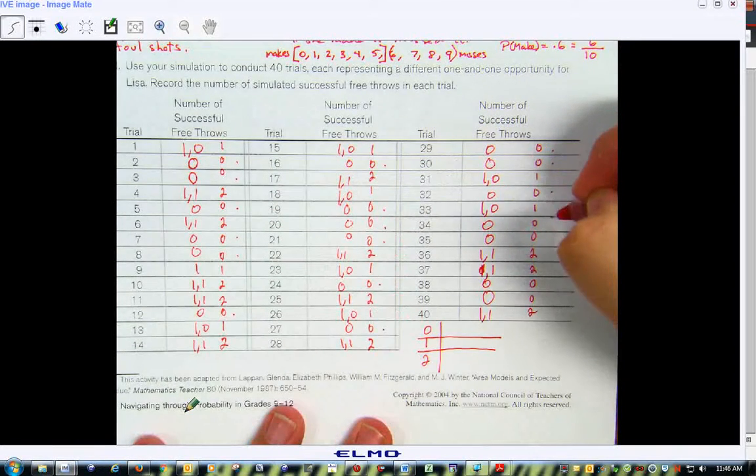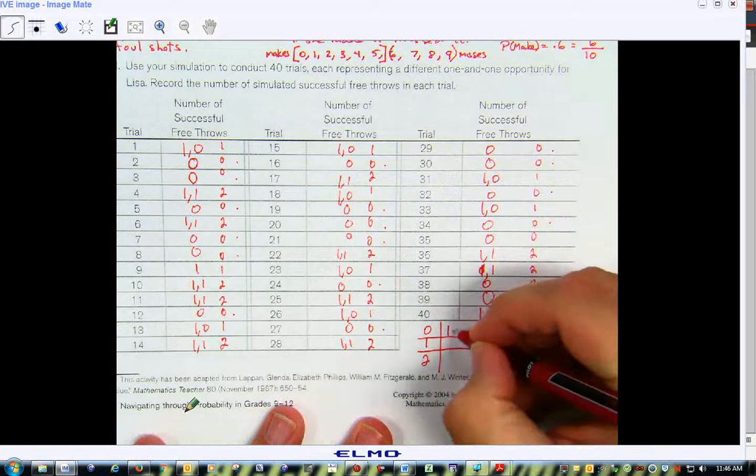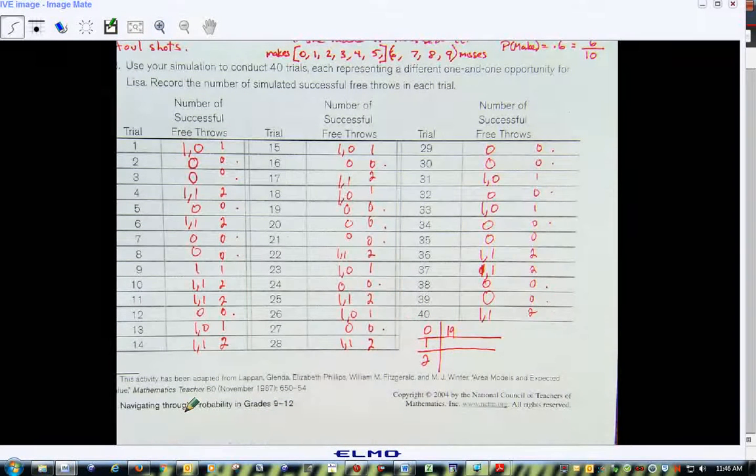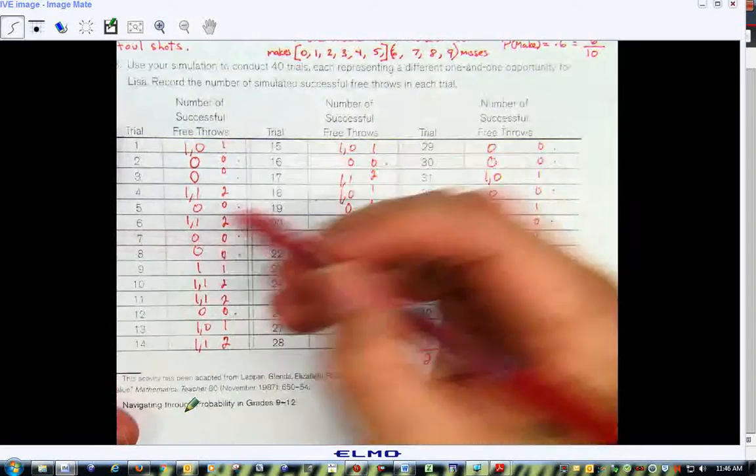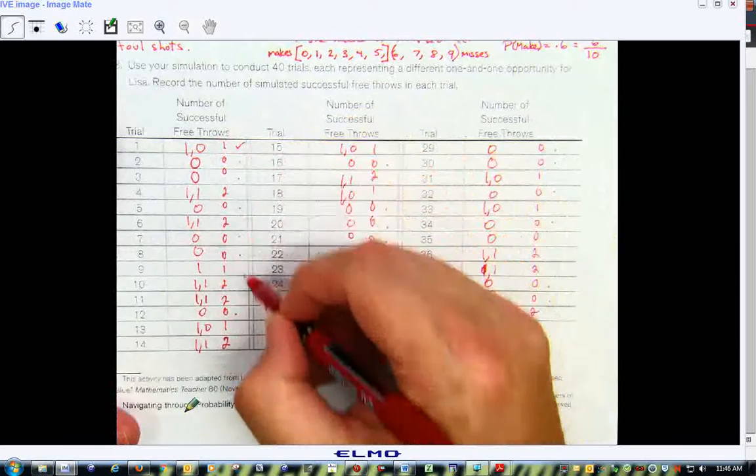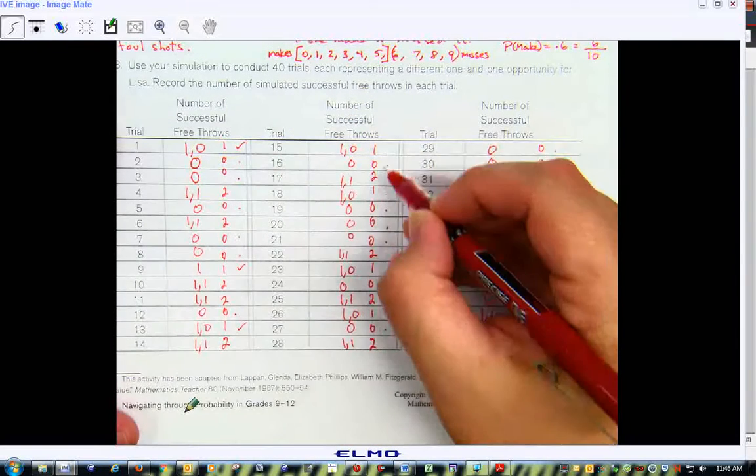Now, when you're doing 40 of these and you're tallying up everything, sometimes it's difficult to keep track and to count. What I do is I like to use different types of marks. For example, I use the dot for all the zeros. For the 1, I use a check mark. So 1, 2, 3, 4, 5, 6, 7, 8.